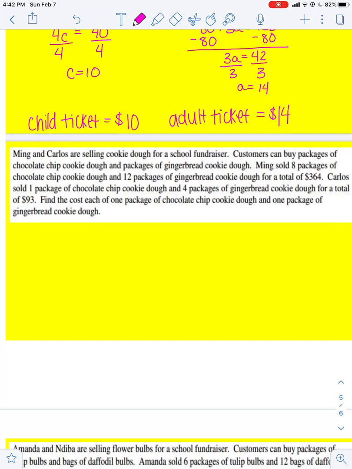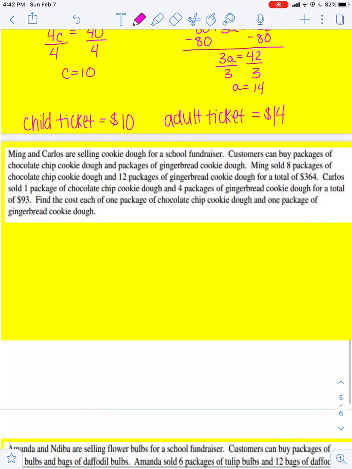So these people are selling cookie dough for a fundraiser. It says they can buy chocolate chip cookie dough and gingerbread. They sold 8 packages of chocolate chip and 12 packages of gingerbread for $364. The other person sold 1 package of chocolate chip and 4 packages of gingerbread for $93.